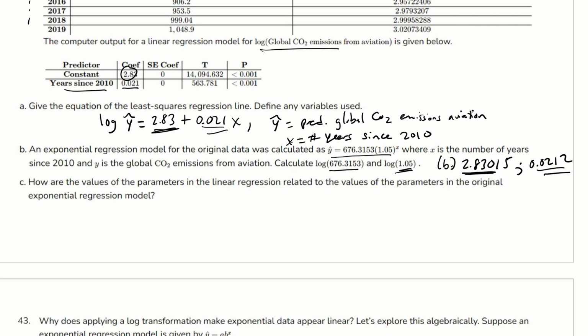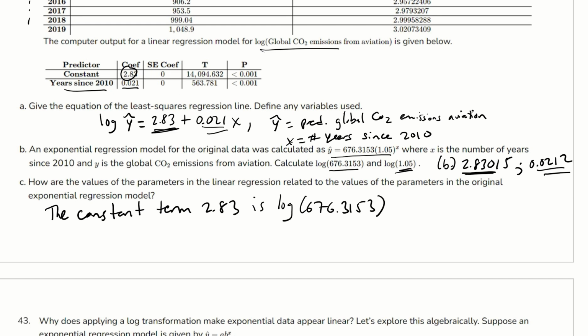And so we're going to say the constant term, 2.83, is the log of 676.3153, and the slope of 0.021 is the log of 1.05.